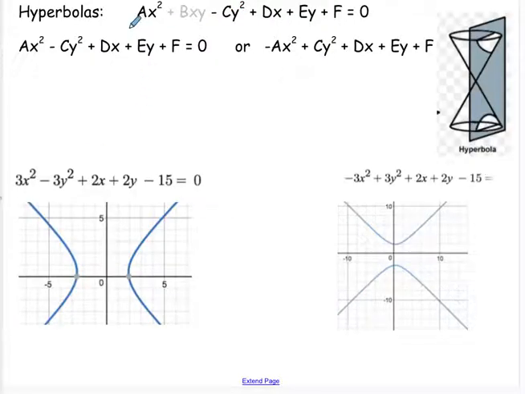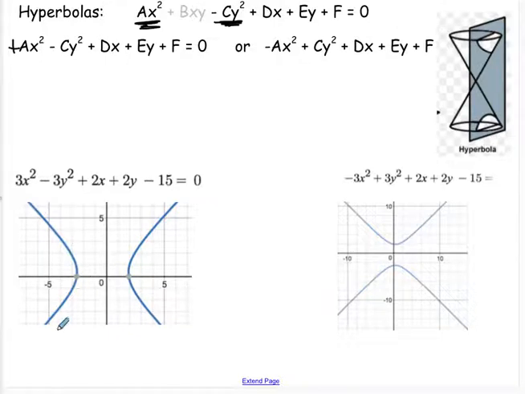Now, it is totally possible that you've got both ax squared and cy squared in your equation. Then the next thing you want to check is the signs. If the signs are different, here we have a positive ax squared minus, so a negative cy squared, then we're dealing with a hyperbola.